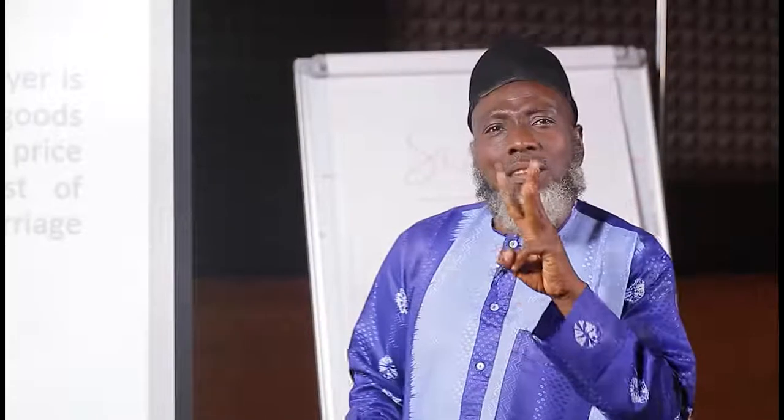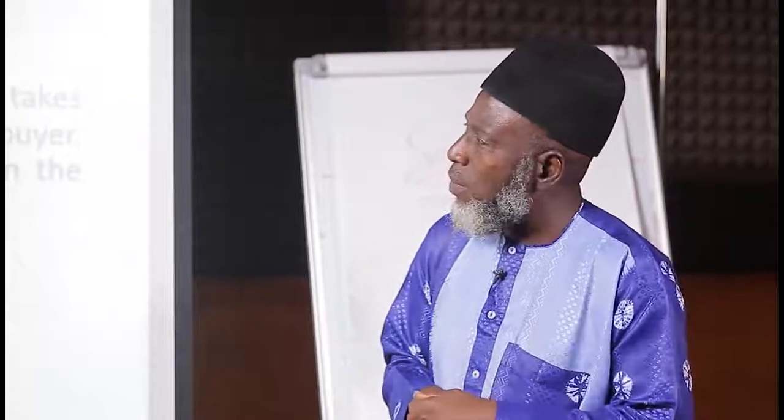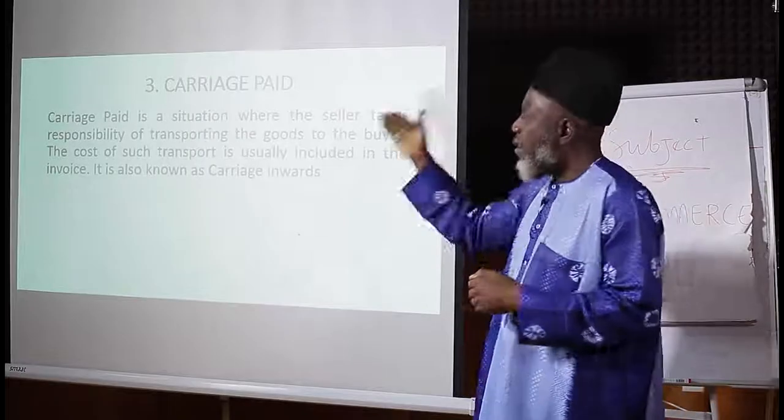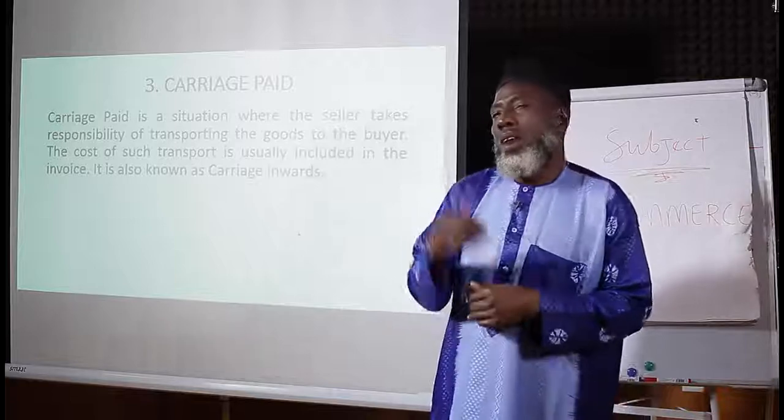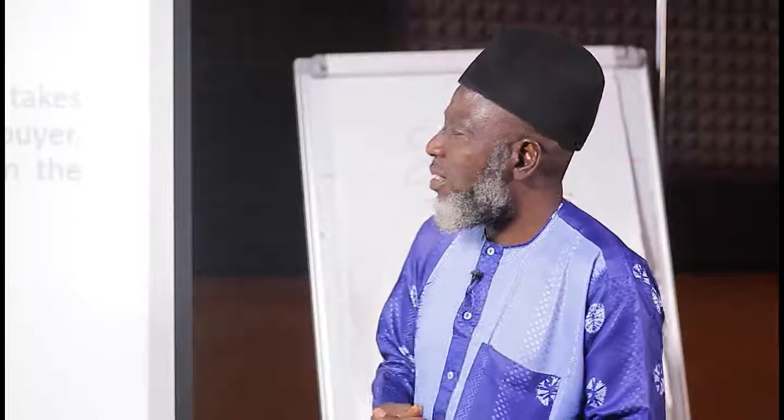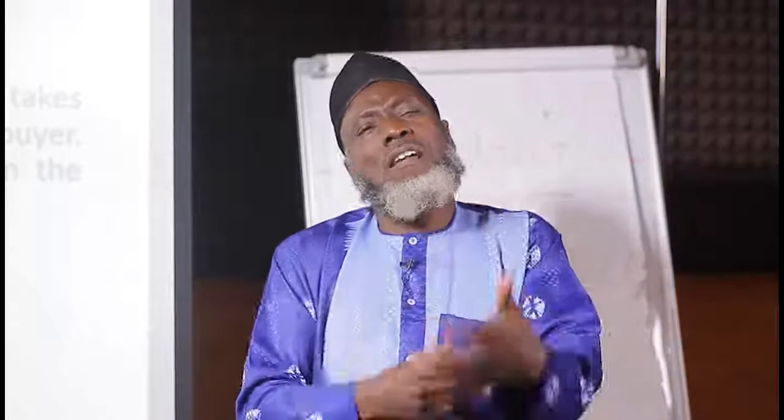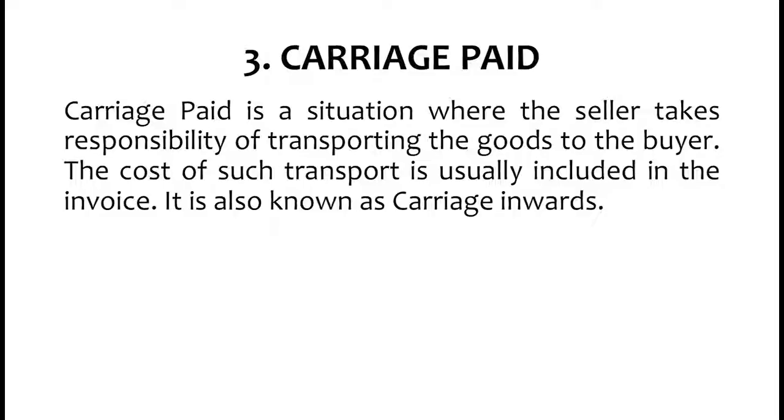Then we go to the third term, which is carriage paid. Carriage paid is just the opposite of carriage forward. In carriage paid, the seller is the one that takes responsibility of taking the goods from his own place down to the place of the buyer.